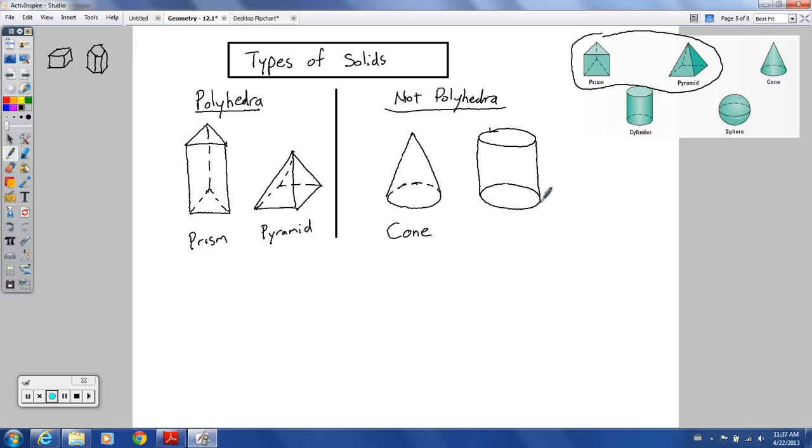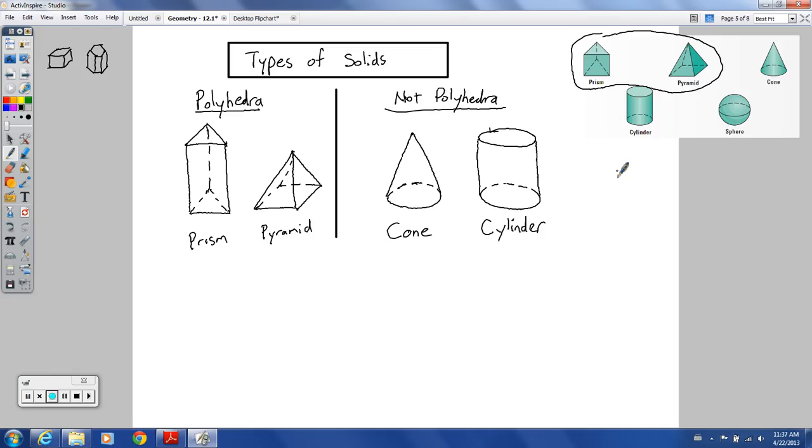It will suffice for what I'm doing here. If you ever have to draw a perfect cone or cylinder, we'll come to that when the time comes. But for right now, just freehand as best you can. So a cylinder: two congruent circles, going straight up and down, just like a soup can. You might see something like that.